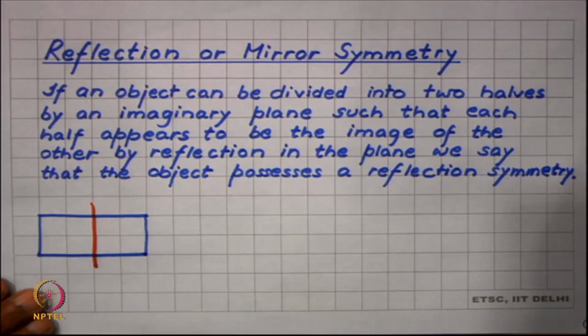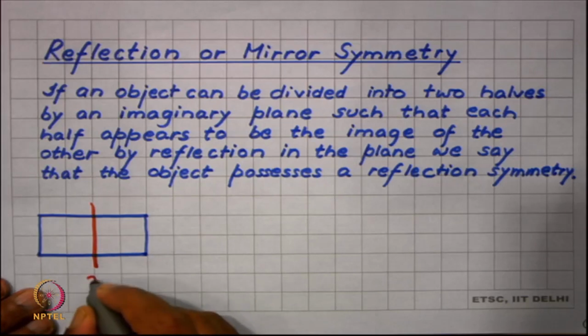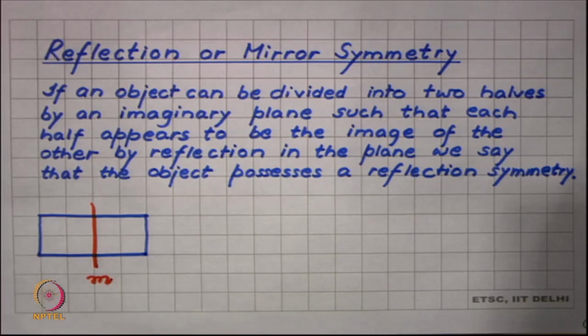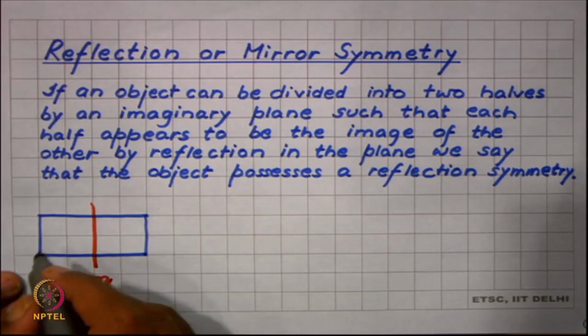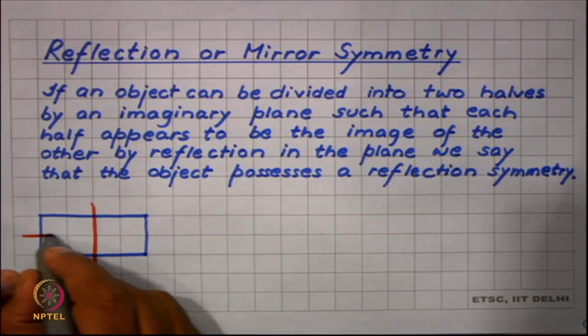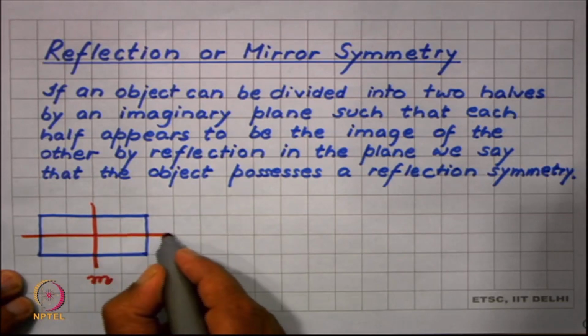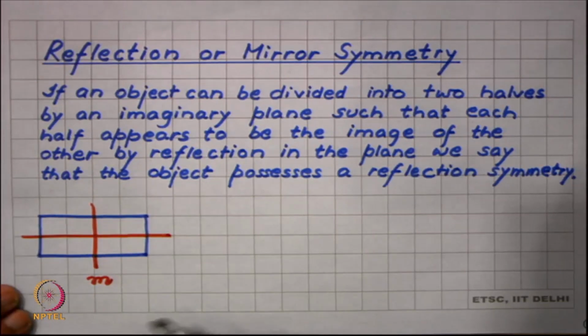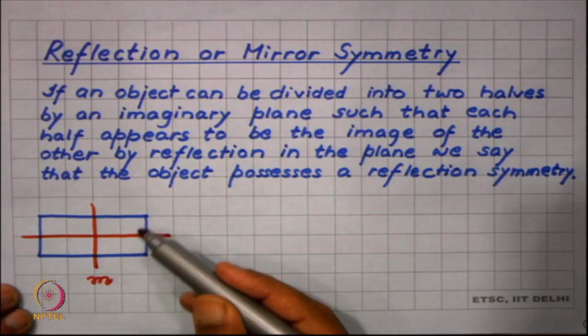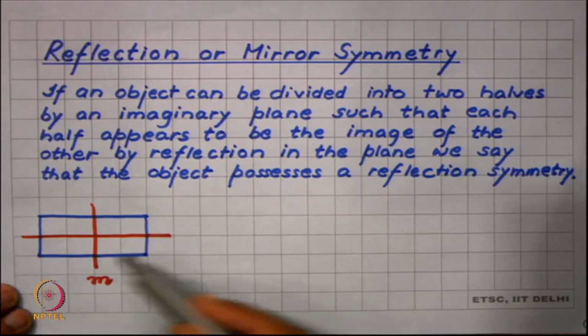So, the red plane is a mirror symmetry of the rectangle. So, it has a vertical mirror plane. It also has a horizontal mirror plane here, because the top half and the bottom half are mirror images of each other.